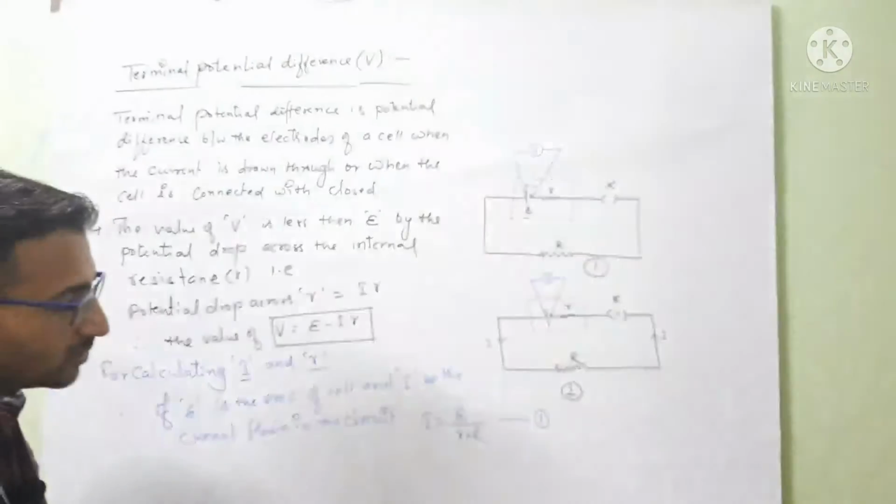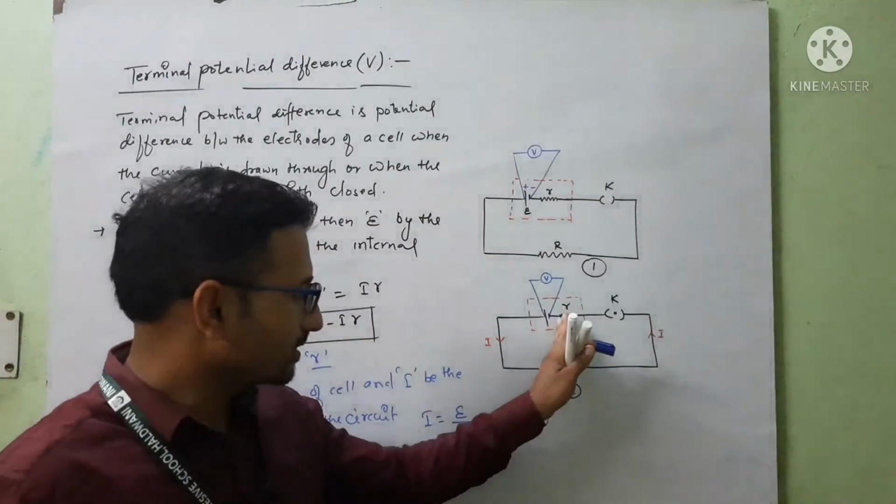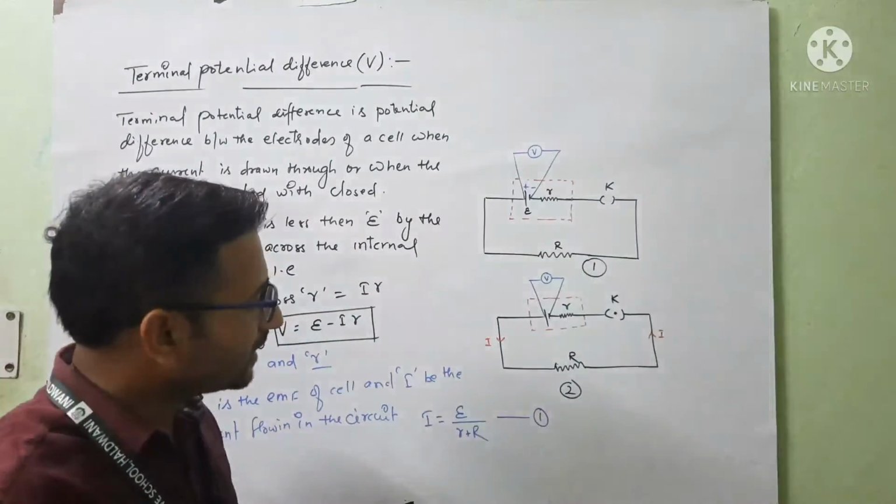Now we are thinking about the potential drop across the resistance R, which is equal to IR, and we know that very well.